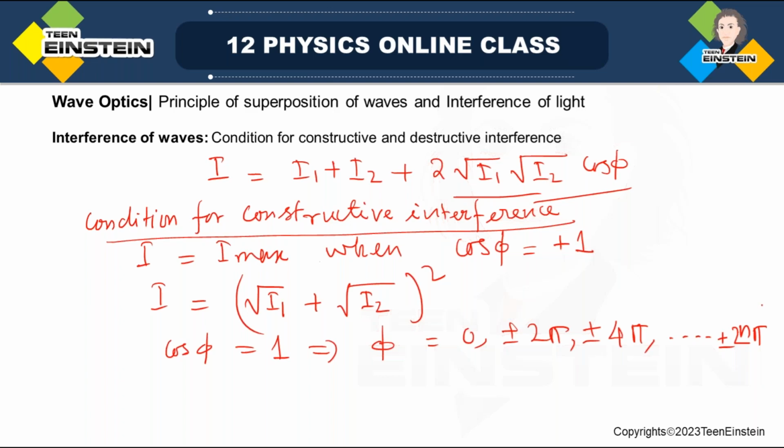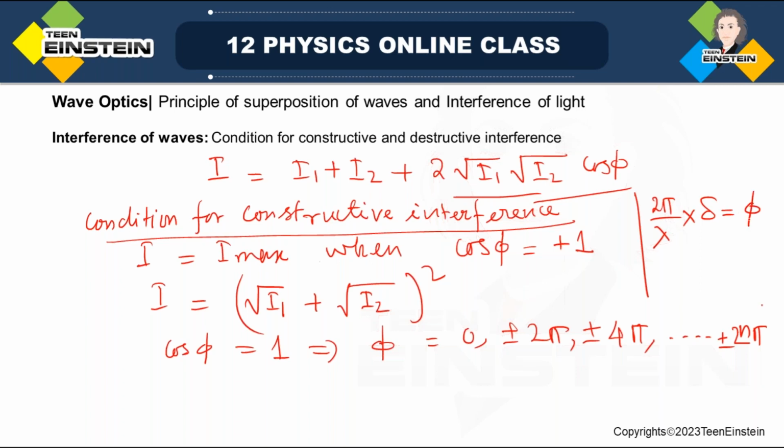Now if I write this in terms of path difference, the phase difference is 2 pi by lambda into delta.